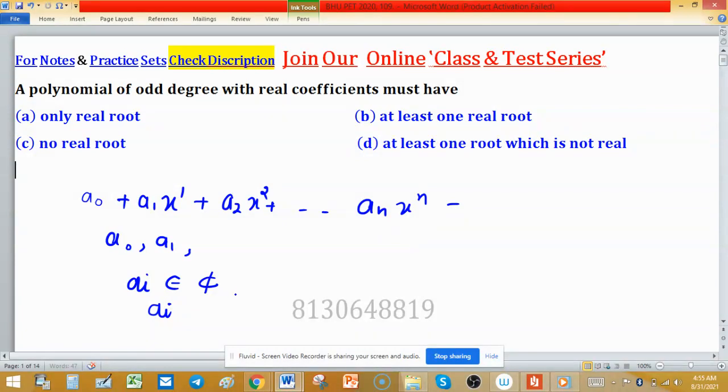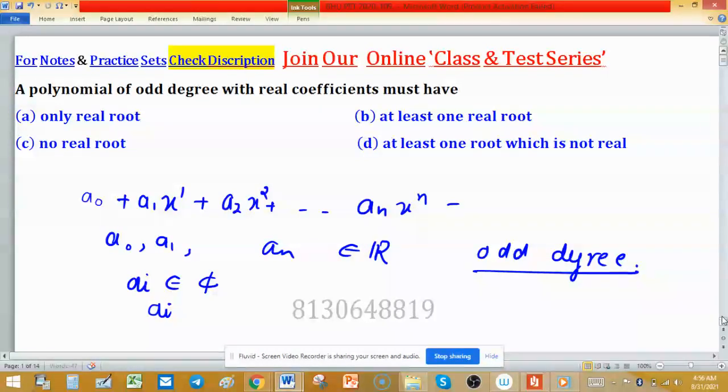So there is no effect from where this is coming, but the question is particularly about coefficients a0, a1, and others. These ai are coming from the real set. If they are coming from the real set and the degree is odd, then what is the necessary condition for this?